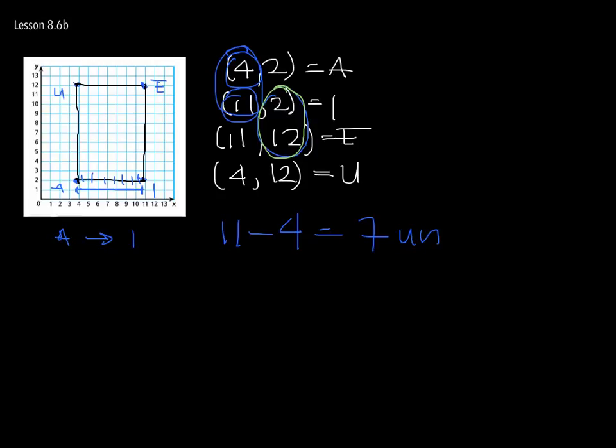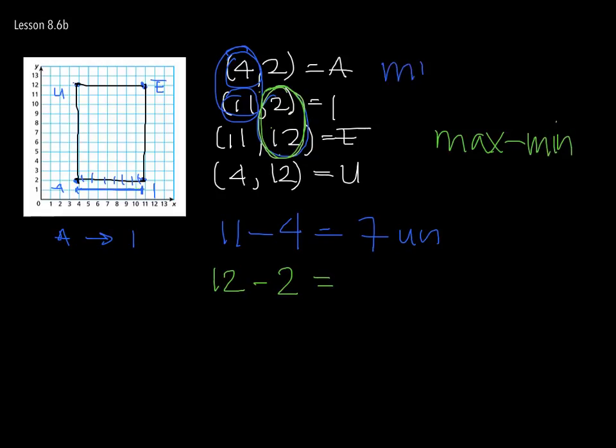7 units. Now, for the width, or the height, depending upon whatever we want to call it, we want to take our largest, which is 12, and subtract our least, which is 2. Or we can think of it as max minus min, okay? The same thing we did here.